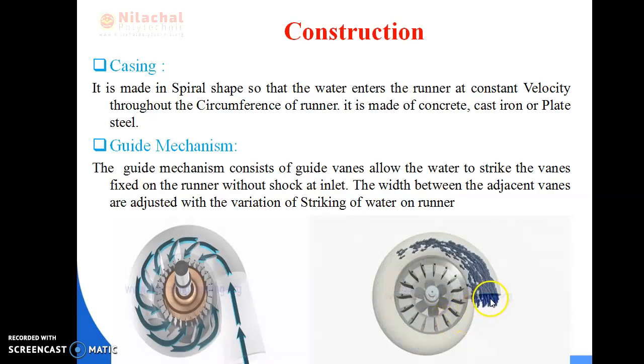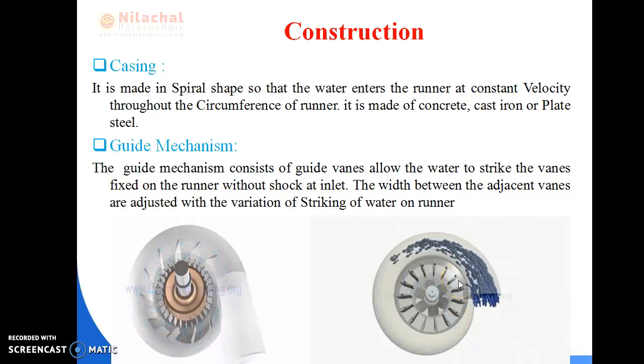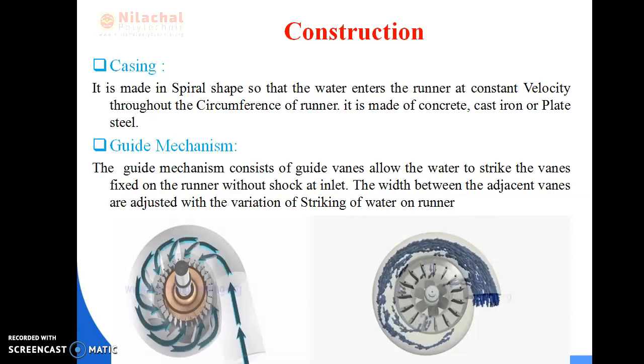While the water enters from the penstock into the casing, the water first enters the guide mechanism. So the main purpose of the guide blade is to provide the water in such a way that the water will strike the vanes fixed upon the runner without shock at the inlet.